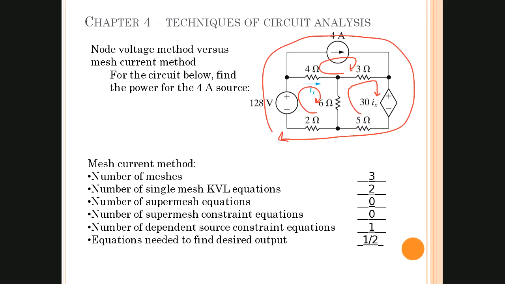Any super meshes, we do not have a current source that's being shared by any, so that's 0 and 0. And the number of dependent source constraint equations, it'll be the same dependent source, which is right here.